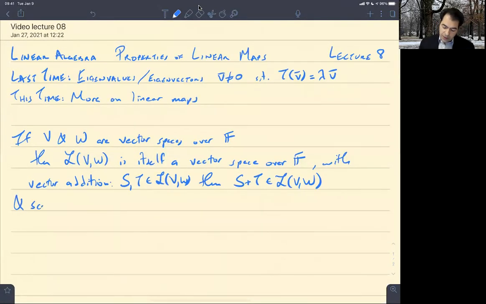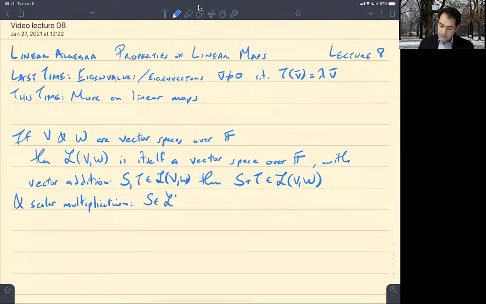And scalar multiplication, well, if you give me a linear map and you give me an element of the field, then we just do scalar multiplication just like we did when we were talking about continuous functions. So this is pointwise multiplication.